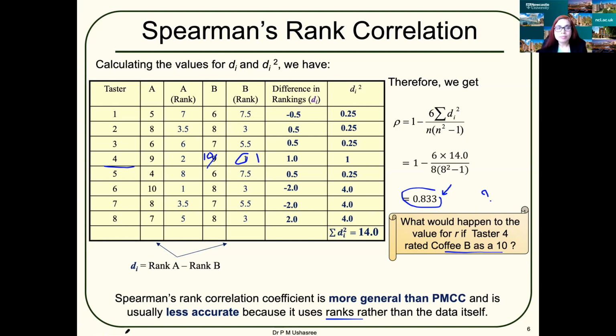So the answer is no change, because a change in value does not affect the R value since it has not changed the ranking. Spearman's rank coefficient depends on the rank rather than the data itself.